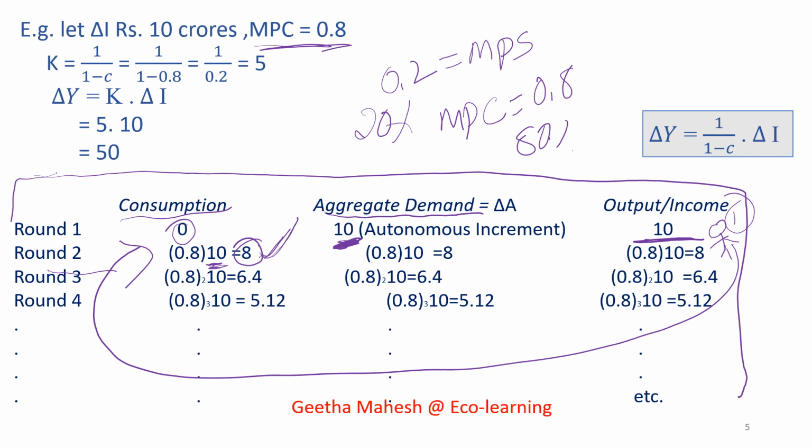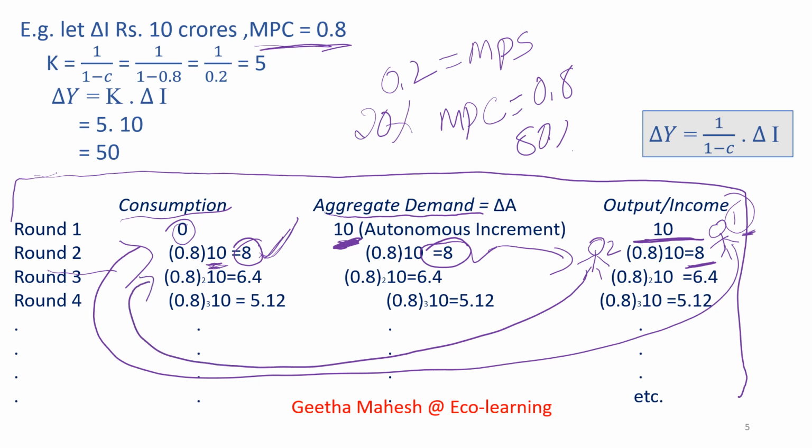When he spends 8 crores, the second person is going to get income. First person's income is 10 crores, second person's income is 8 crores. This second person now is going to consume.